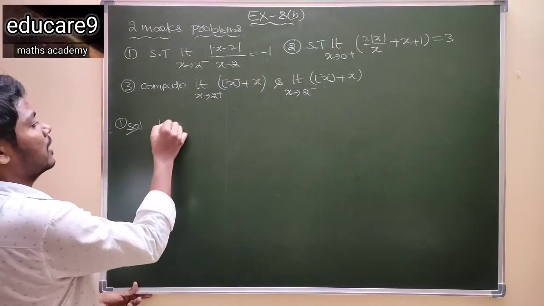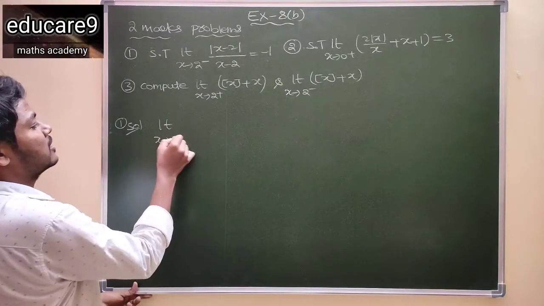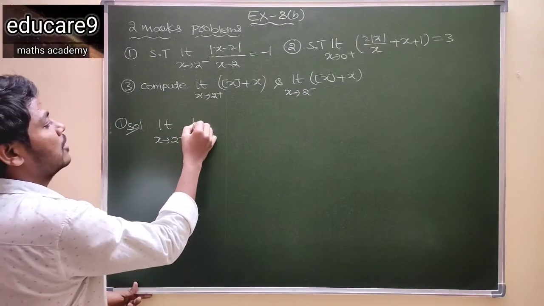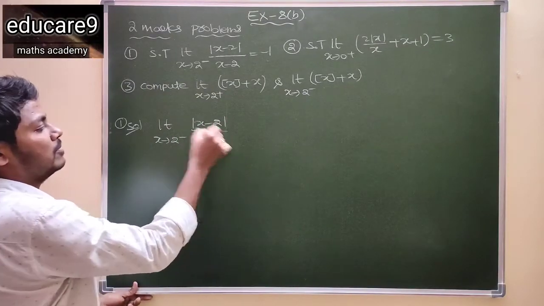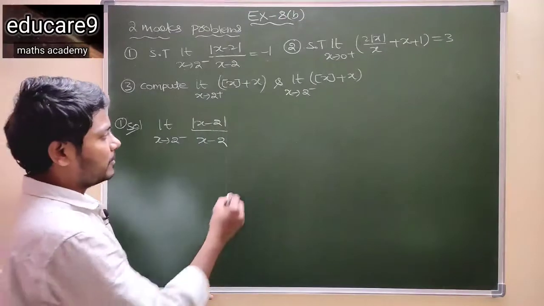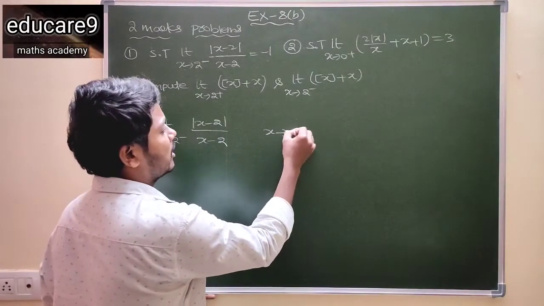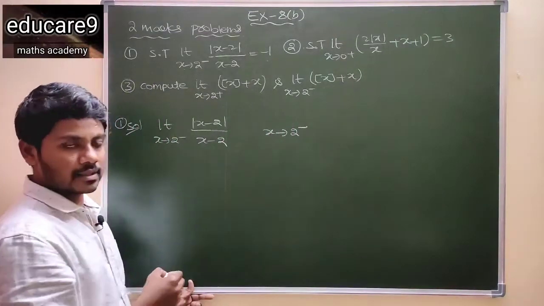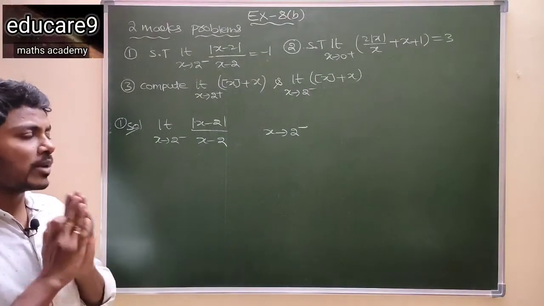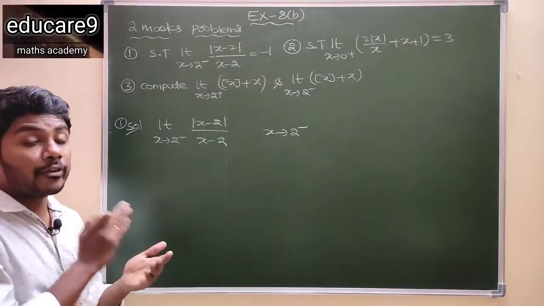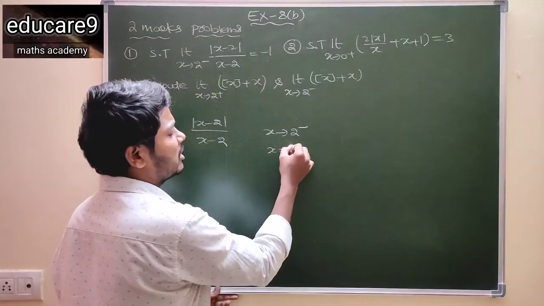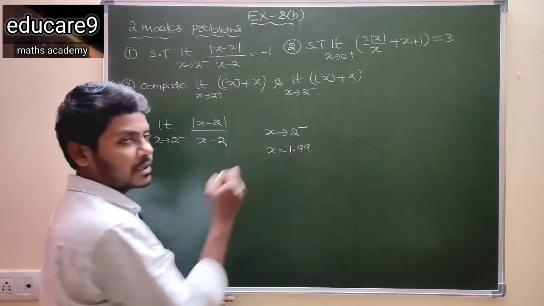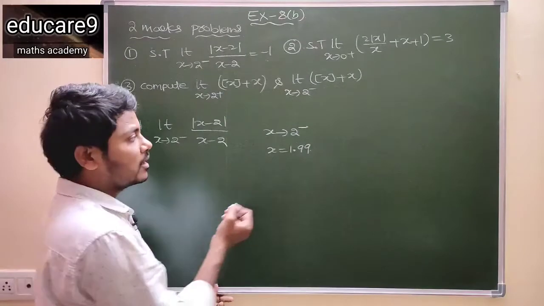So see here, limit x tends to 2 minus, modulus of x minus 2 by x minus 2. See here, x tends to what? 2 minus. So this means x values are tending to 2 from the left side. So we have to assume x values are 1.999 something.